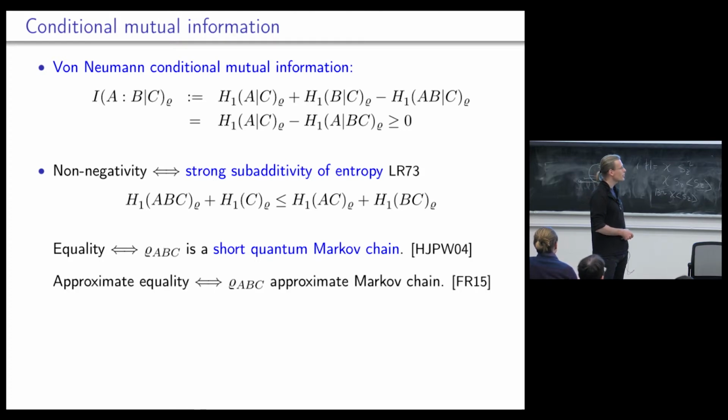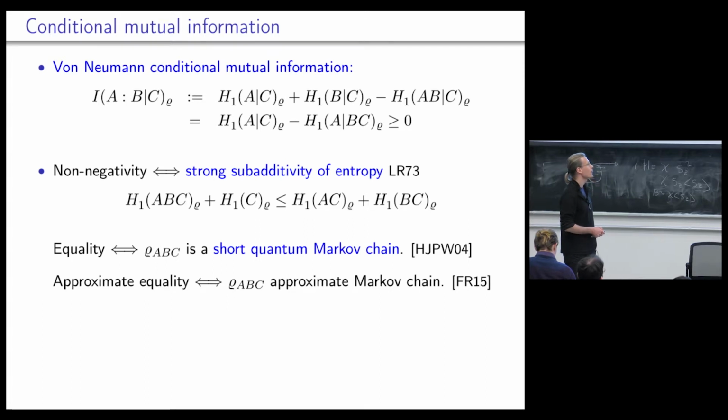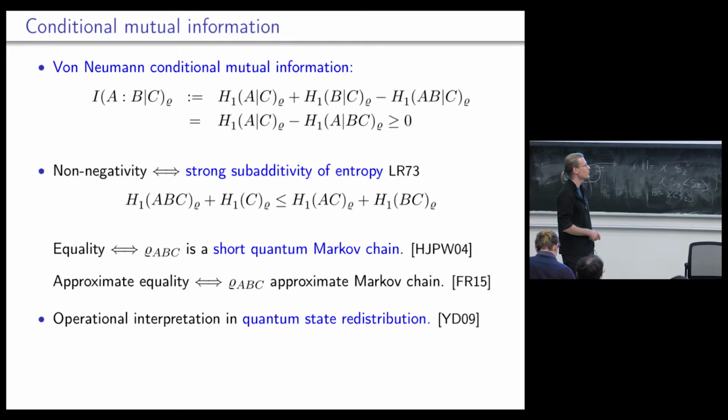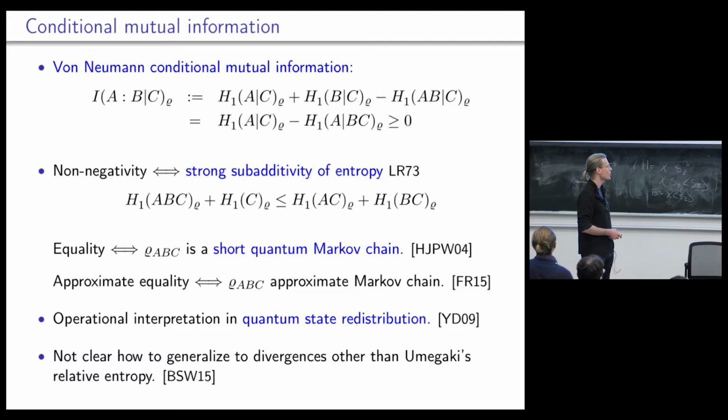And recently, in the past few years, there has been a lot of activity in characterizing the situation when this inequality is satisfied not with equality, but almost with equality, and this led to the concept of approximate quantum Markov chains and various generalizations of these concepts, but I'm not going to talk about that. And this quantity has an operational interpretation in the problem of quantum state redistribution, which I'm not going to explain now.